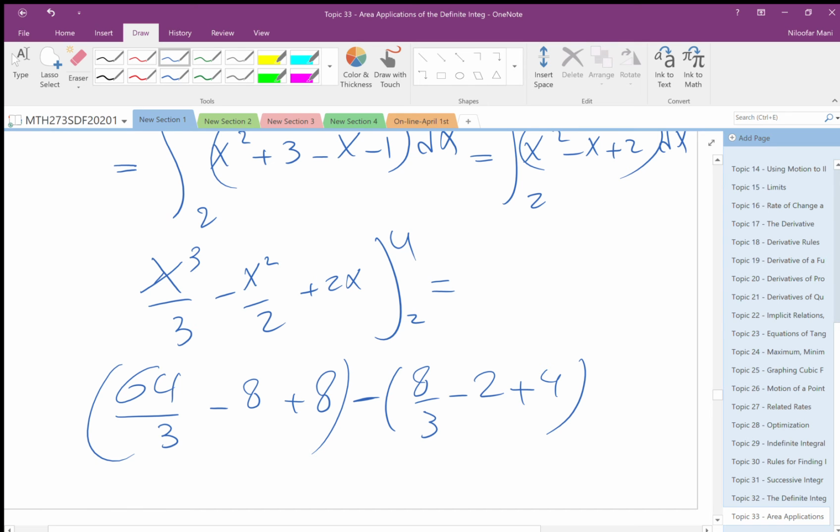Okay, so this and this cancel. 64 divided by 3 minus 8 is 56. So this one and this one is 56 divided by 3.